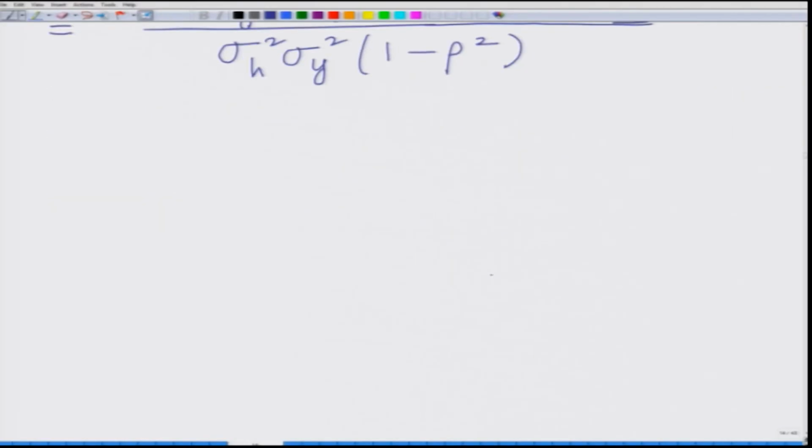Okay. And therefore, the joint probability density function is given as, remember, we go back to our earlier relation for this joint probability density function.